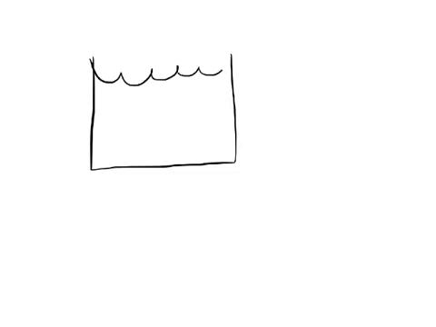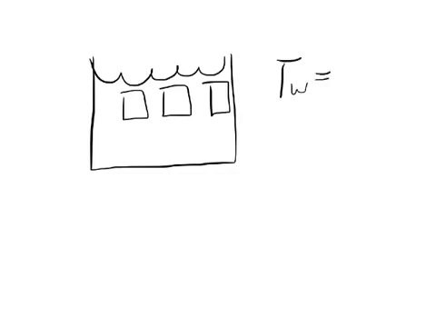So if we draw an example, let's say we have a glass of water with some ice cubes. Okay? Let's say the temperature of the water is about 30 degrees Celsius. The temperature of the ice, we'll say, is -2 degrees Celsius.